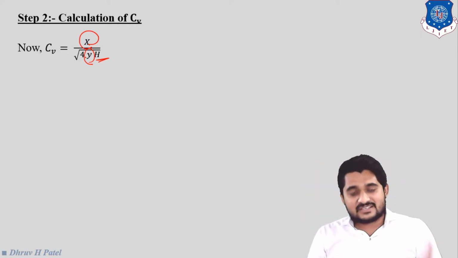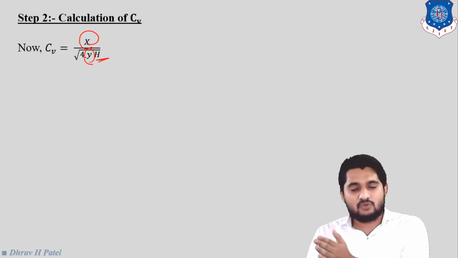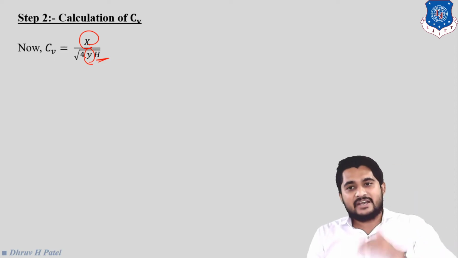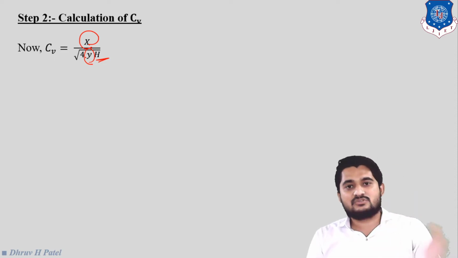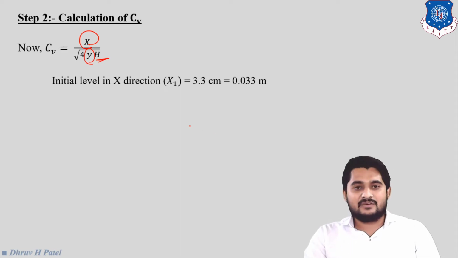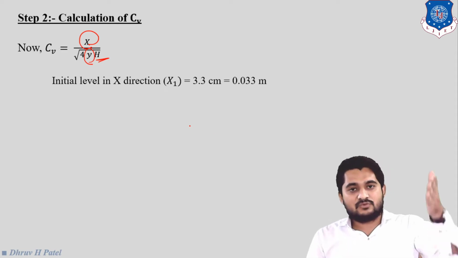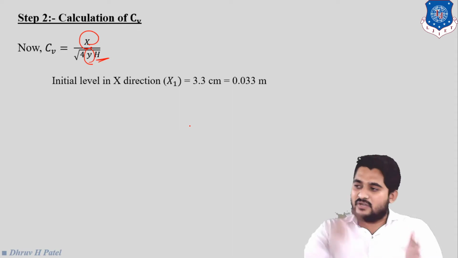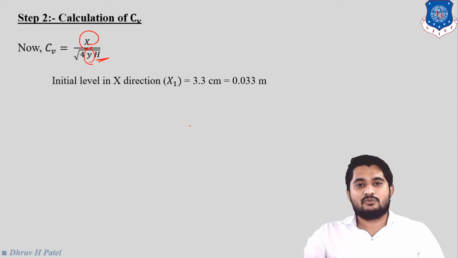Now x is the length of the water jet outside the overhead tank, and y is the height of the jet outside the overhead tank, right? So for x and y, we have to find the initial level of the jet, and we have to select any arbitrary level of the jet for the respective x and y.